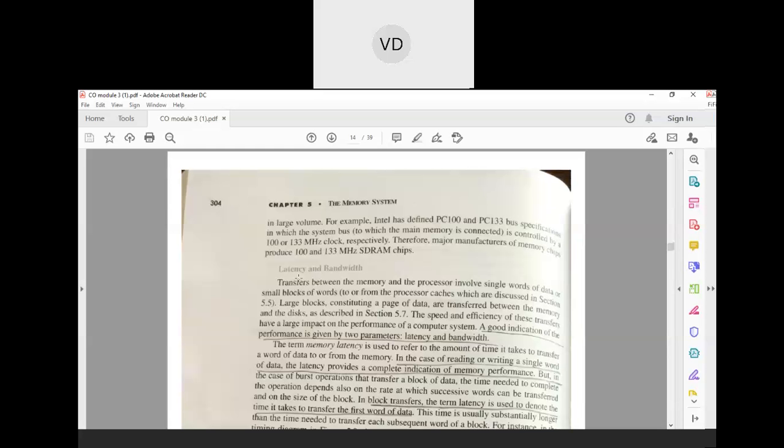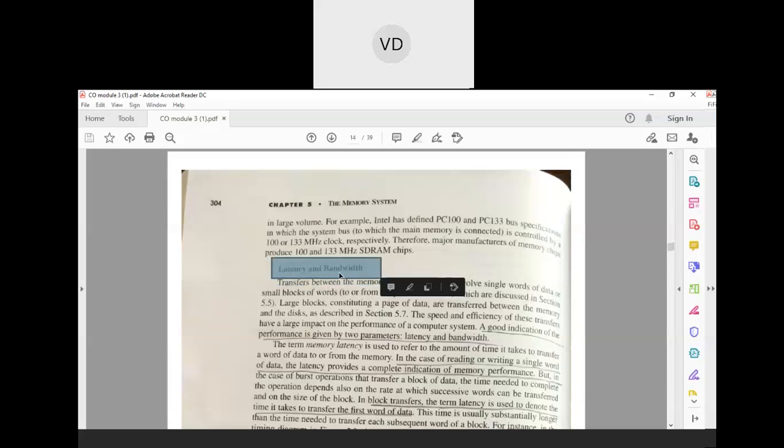So the performance is also another consideration to be taken when you are going to rate the performance of a computer. Is it not? How it is performing, how efficiently we are going to transfer the data. While considering the performance, these are the two important factors which we have to take into consideration. Which are those? Latency and bandwidth.